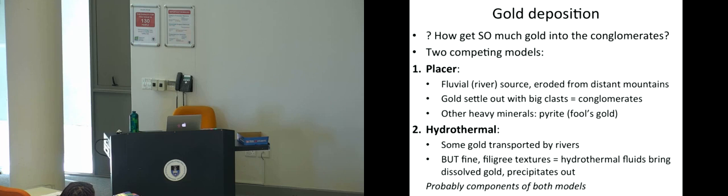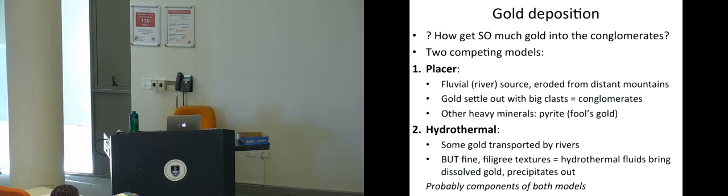But there's a second model which is called the hydrothermal model. Hydrothermal just means hot fluids. This argues that while some of the gold is transported by the rivers, because we have good evidence for sedimentary gold, we also get a different type of gold. If you look at the actual gold grains, you get a fine filigree texture, which clearly was not transported by water.